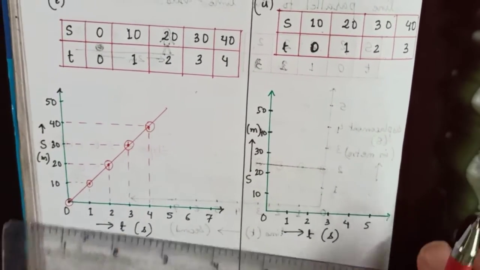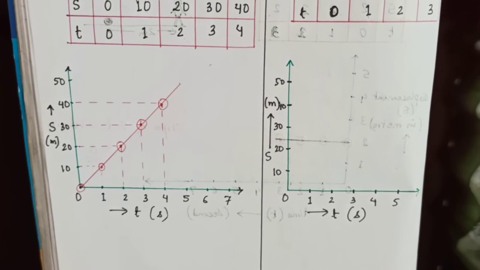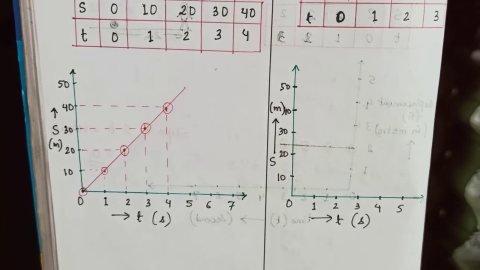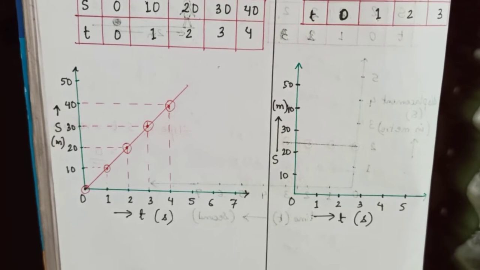Now from the displacement time graph, I have already told you we can calculate two important things. First one is the displacement of the body at any instant of time.